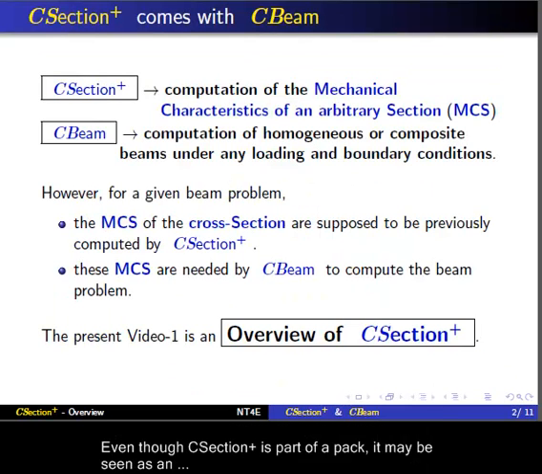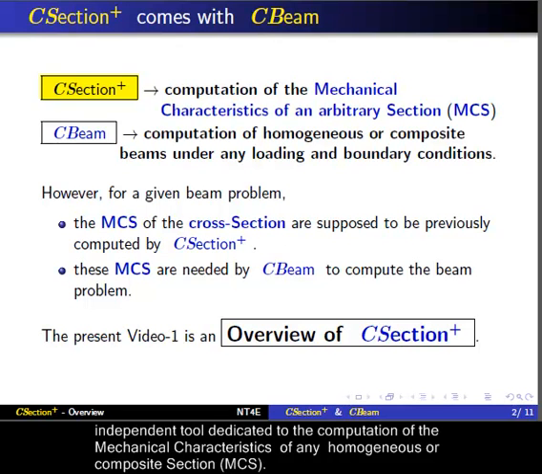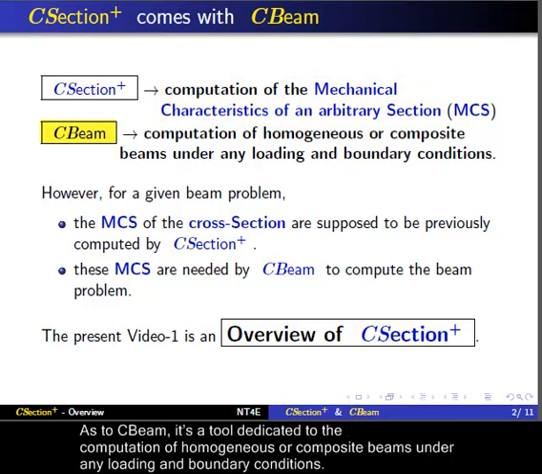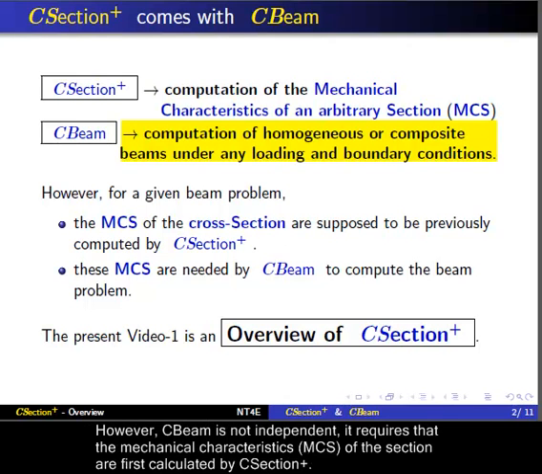Even though CSection Plus is part of a pack, it may be seen as an independent tool dedicated to the computation of the mechanical characteristics of any homogeneous or composite section. As to CBeam, it's a tool dedicated to the computation of homogeneous or composite beams under any loading and boundary conditions.